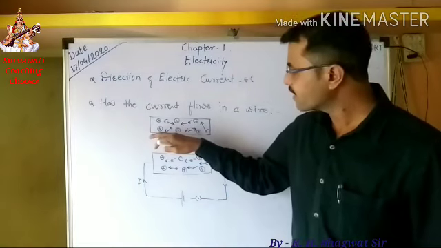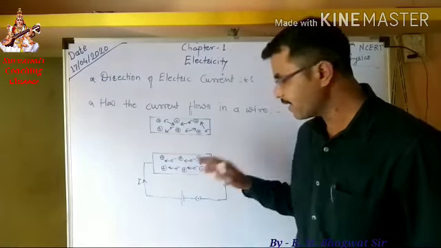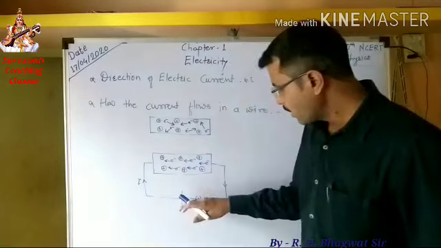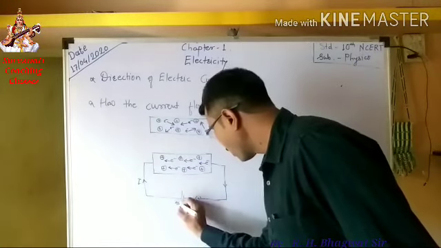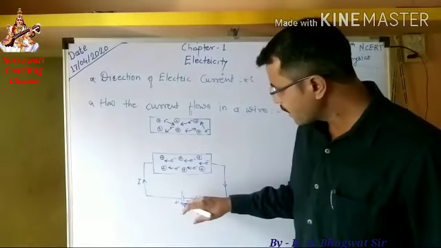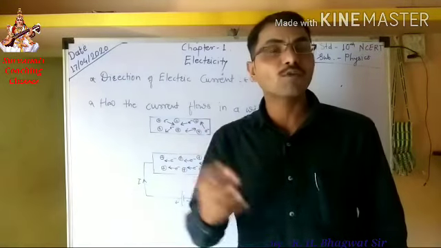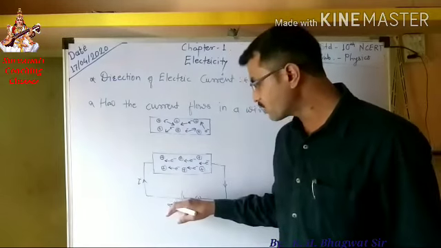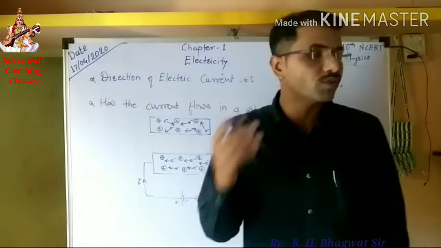Now, when we connect this conductor across a battery, what happens? Here is the positive terminal of the battery and this is the negative terminal. At the negative terminal of the battery there are a large number of negative charges, while at the positive terminal there are a large number of positive charges.